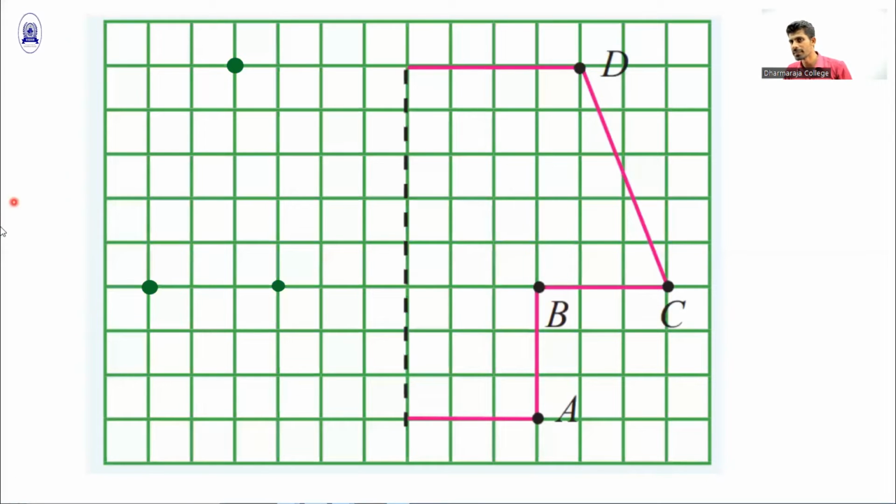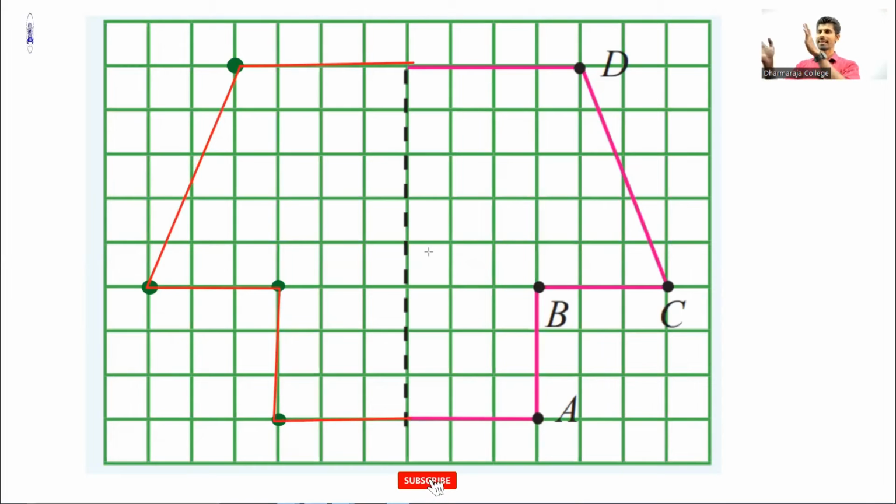You need to mark on this point. I'm using red color because those lines colors are also blue, green, no? Right, red. 1, 2, 3, 4, and 5.